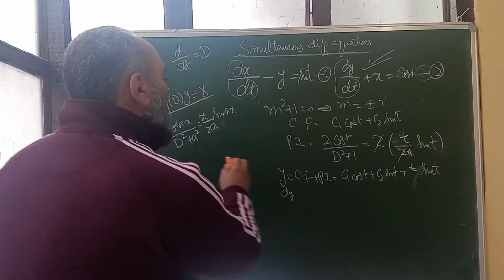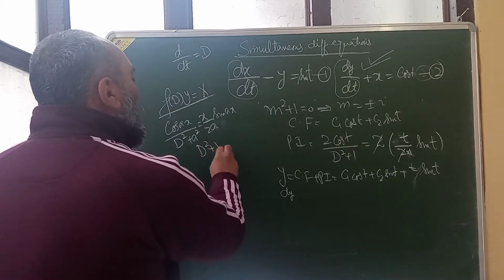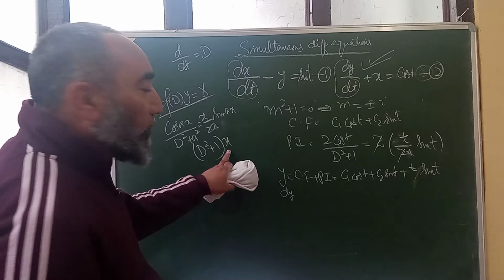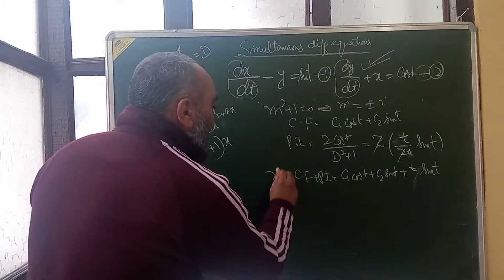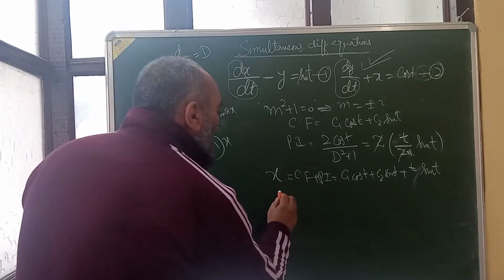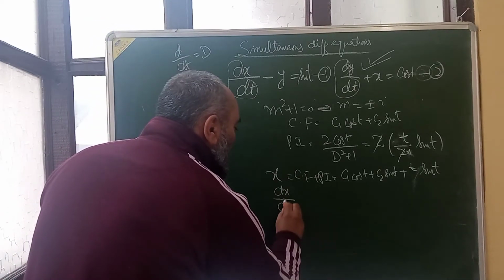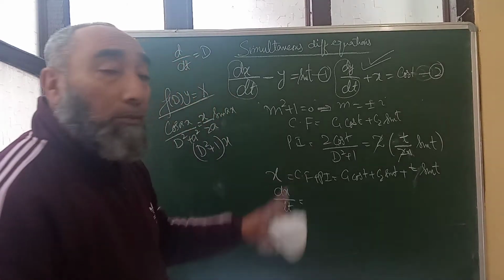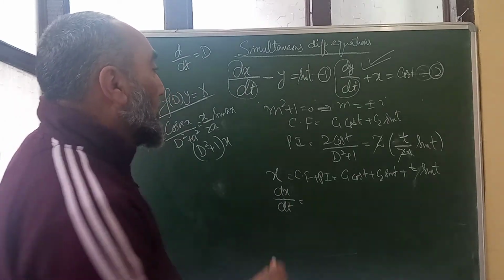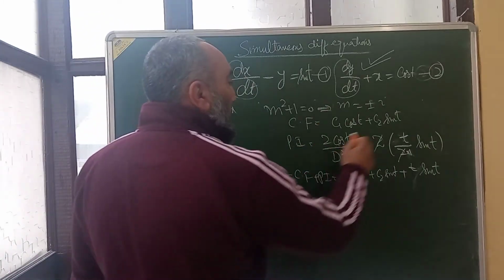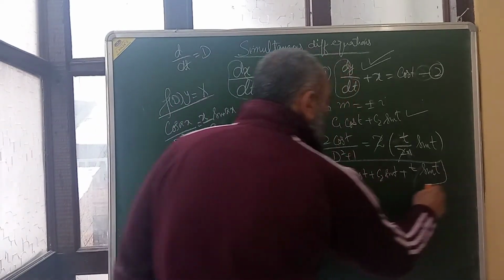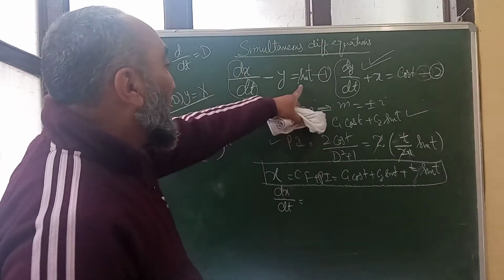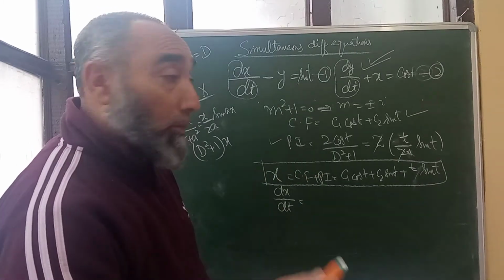You were having D square plus 1 operating on x. You will not find y, you will find x. I'm sorry, this is x. In the earlier steps also you have to find x only. Only this step is there. Instead of y you will get x, because I have eliminated y. I will be getting x only.